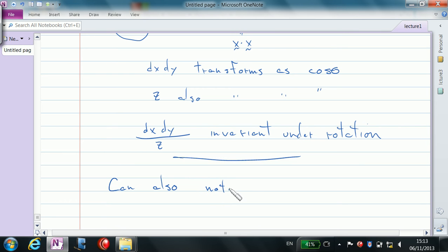You can also note that U prime, which is the energy density of the photons in the electron frame, is equal to T mu prime nu prime.